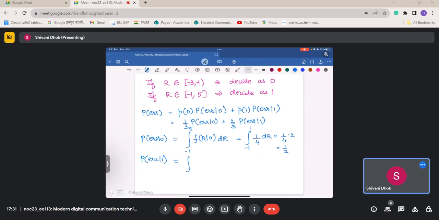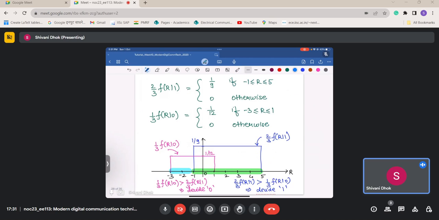Now let us find probability of error given 1 being transmitted. We have to integrate the PDF of r given 1 over the region where we decide it as 0, so that is -3 to 1. In this region, the PDF of r given 1 is 0.